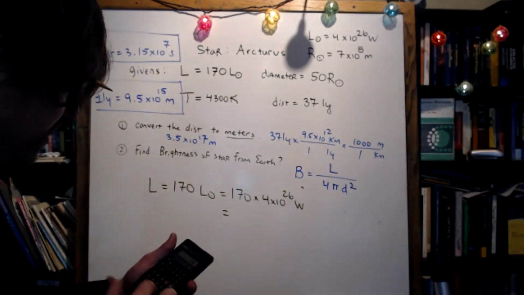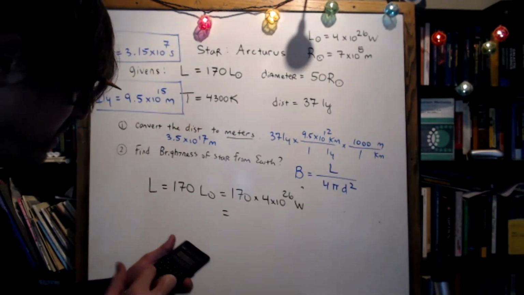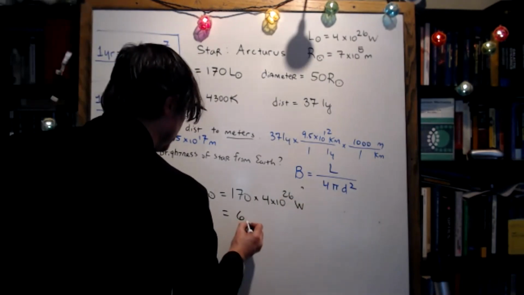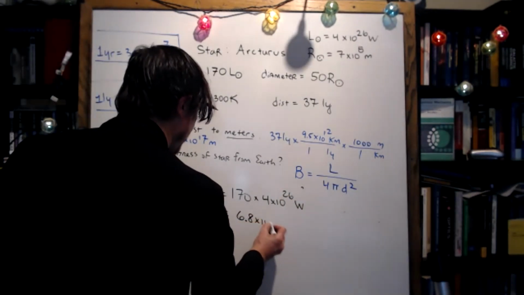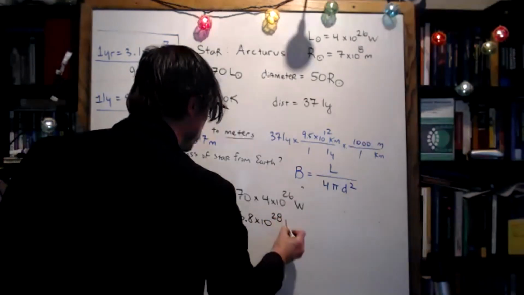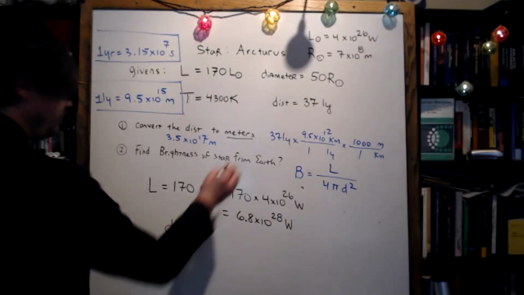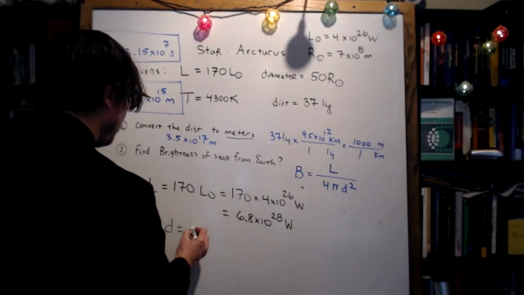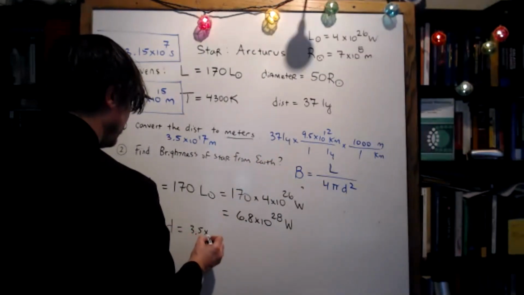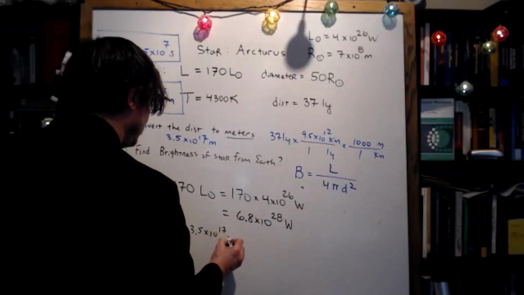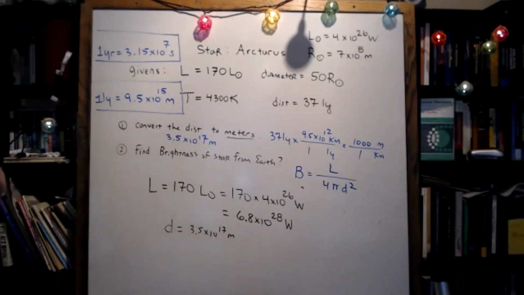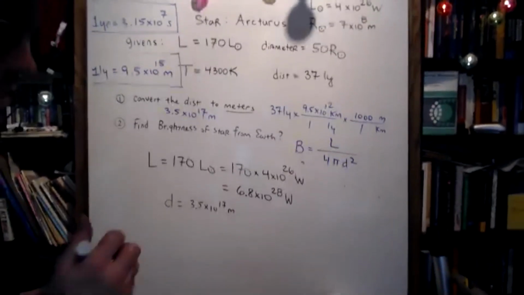If I multiply those, I get 6.8 times 10 to the 28 watts. For the distance to the star, I use the 3.5 times 10 to the 17 meters. Then I plug them into the formula.